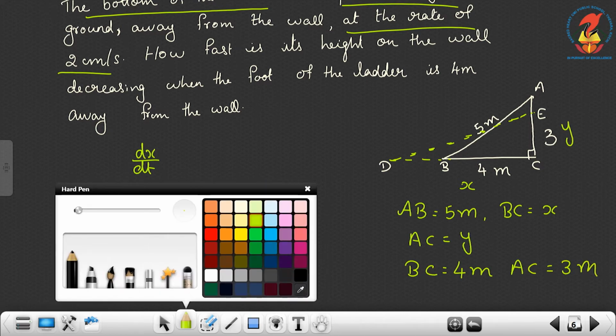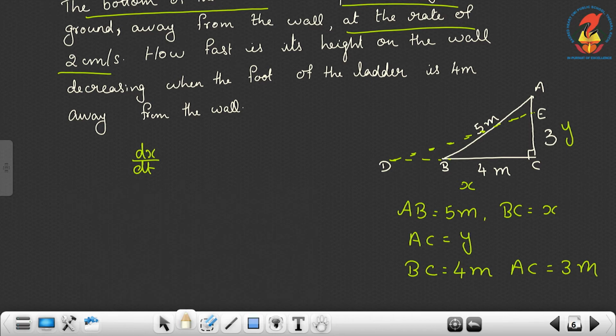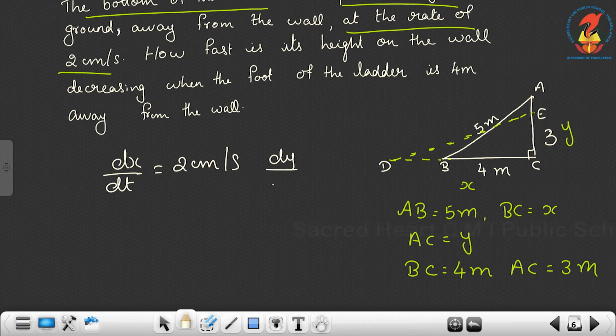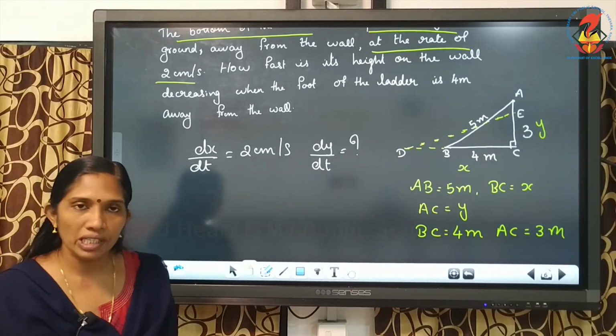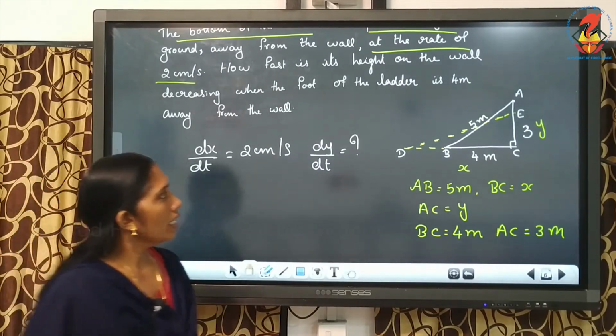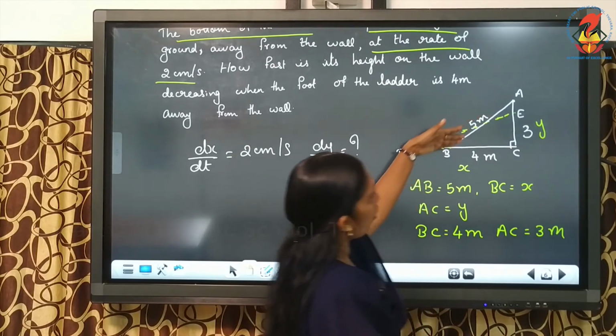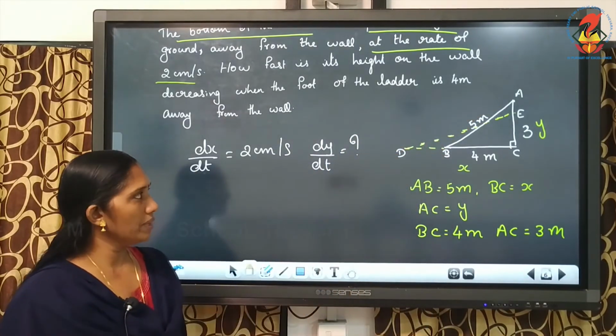Now what is given in the question? dx by dt is given as 2 centimeter per second. We have to find the change in the height, that is dy by dt we have to find. Is this much clear? Once again, a ladder is leaning against a wall, its length is 5 meter.